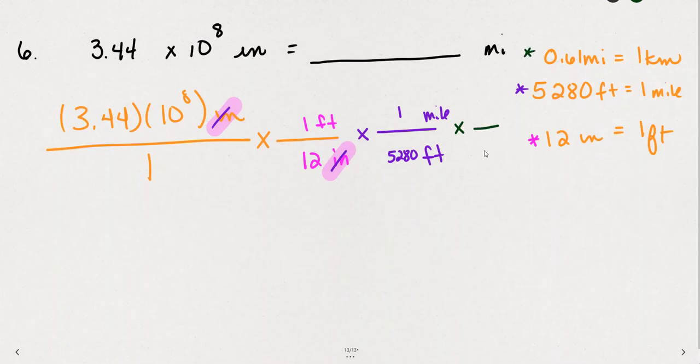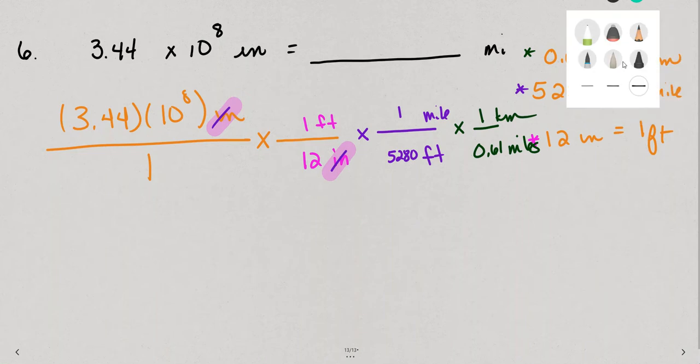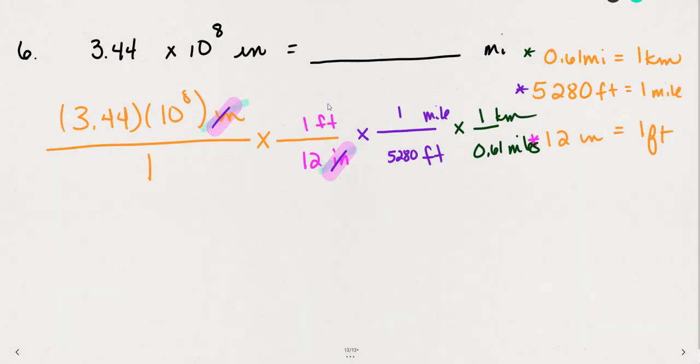We've got a conversion of 0.61 miles to 1 kilometer. Let me just one more time highlight through what it is that we've been able to reduce. We've got inches over inches, feet over feet, miles over miles. So what we're going to be left with is an answer that is kilometers.